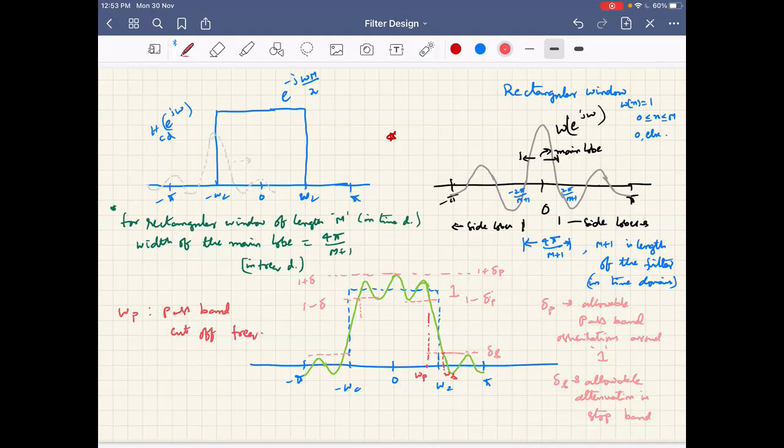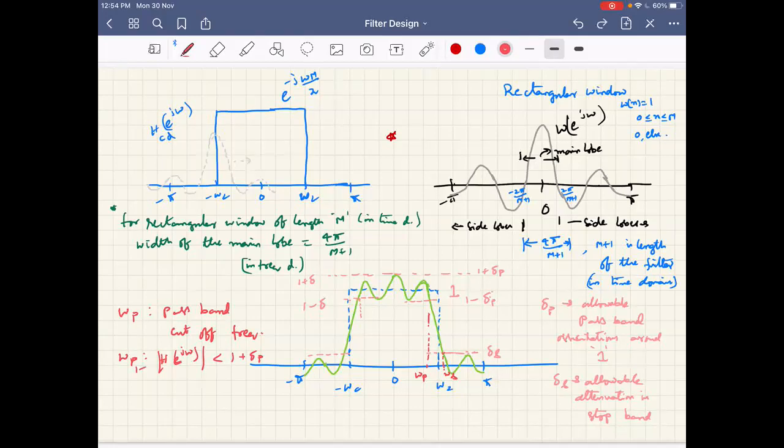That means omega p is the frequency, omega less than or equal to omega p, till which the attenuation is such that h of e power j omega is less than 1 plus delta p to 1 minus delta p.